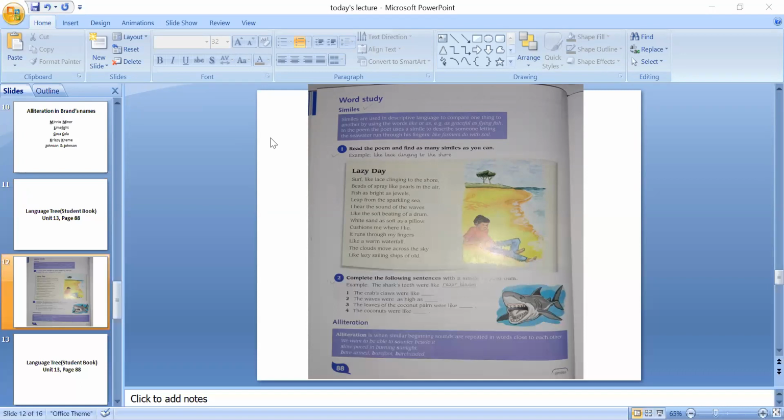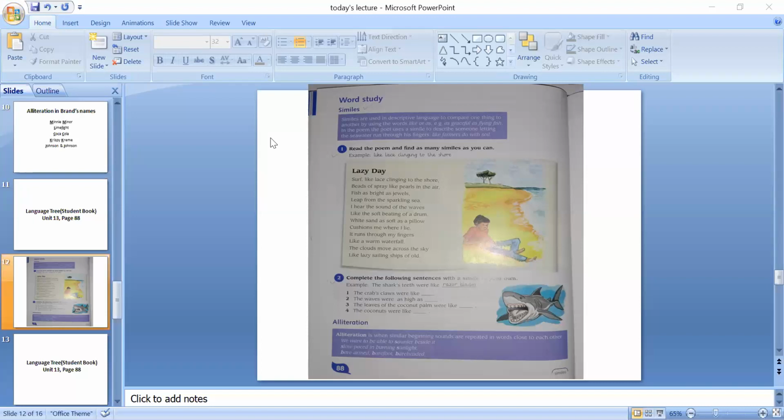Crab's claws. Beta, it is crab's claws. Were like? Were like a knife. It's better if you write here pair of scissors.